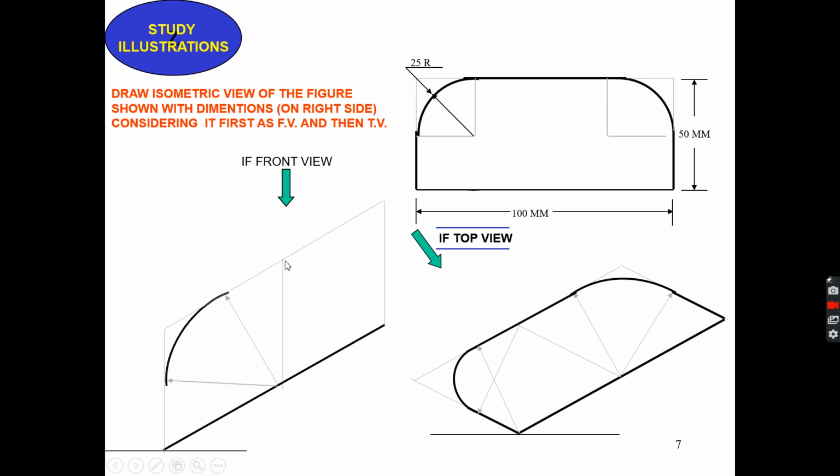The similar way I will draw a line from this corner which will join the midpoint of that side. Okay, in this way I will get the center point of that sector of a circle, and I will draw the sector of the circle. The remaining portion you can join with the help of a straight line.